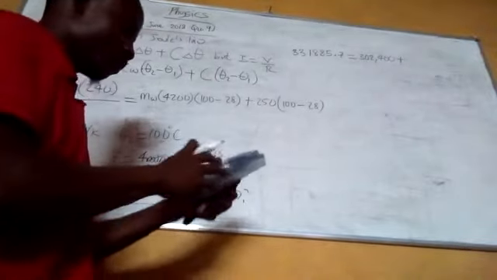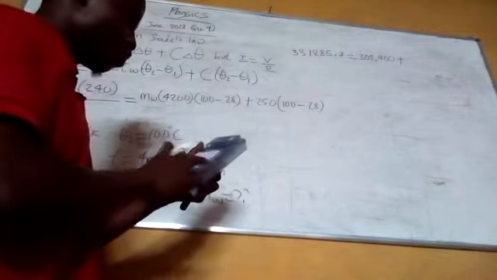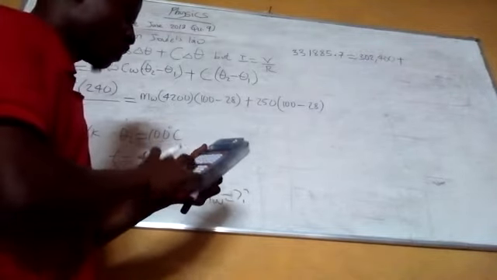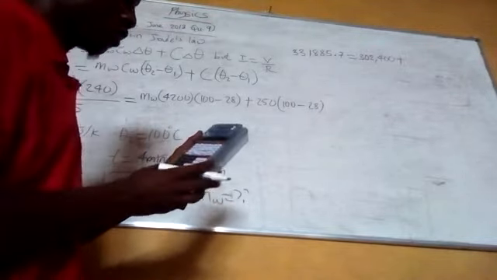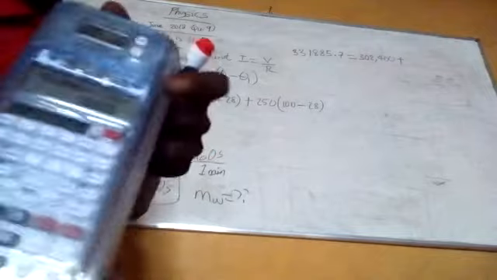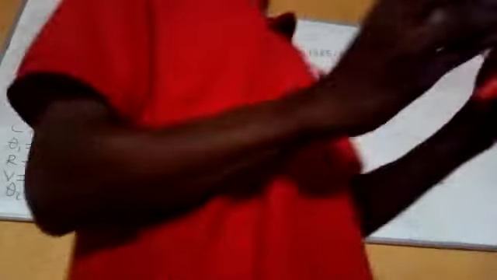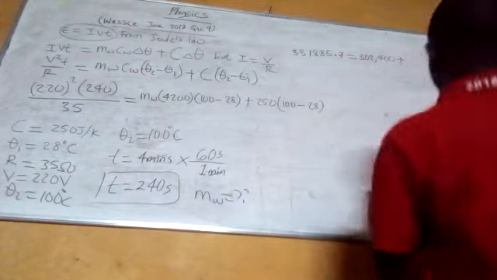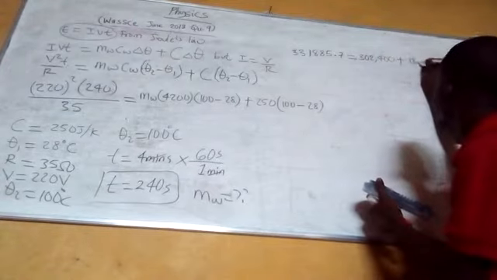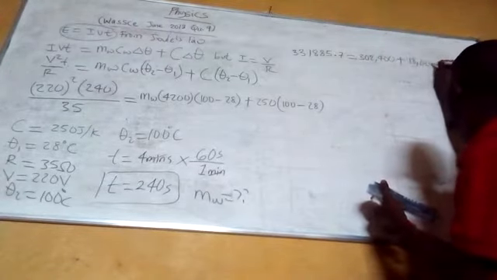So we have 72 times 250 equal to 18,000.